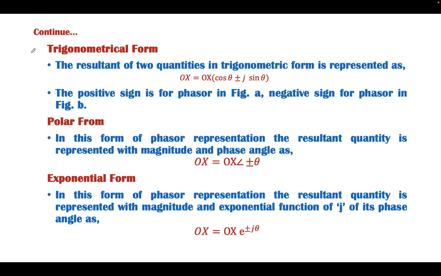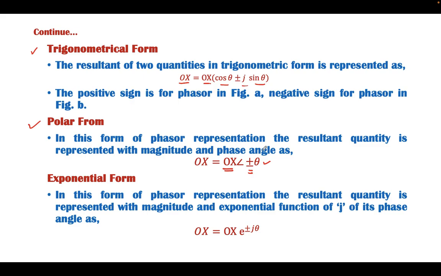Now, similarly, this quantity can also be represented in trigonometrical form. In trigonometrical form, OX can be written as OX into cos of theta plus minus j sin of theta, as we have considered in resolving the component along the x-axis and y-axis. Whereas in polar form, this quantity can be represented as a magnitude and plus minus angle theta.